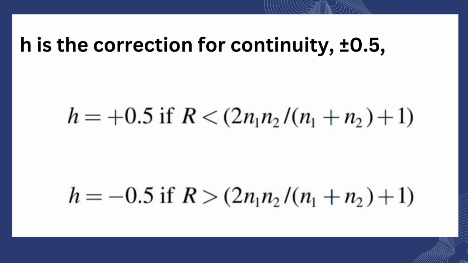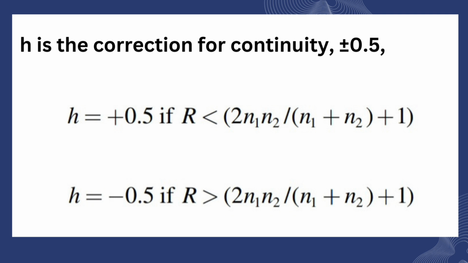Ito yung formula na gagamitin para makuha yung H. H is the correction for continuity, which is plus or minus 0.5. So we add 0.5 if the observed number of runs R is less than the expected value.